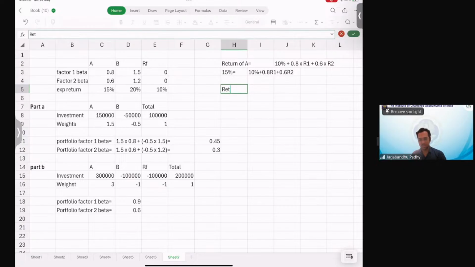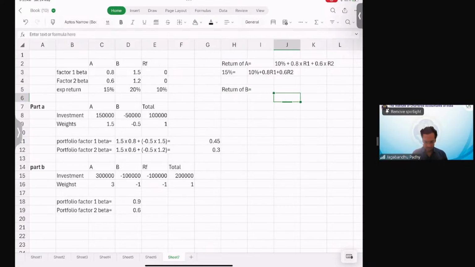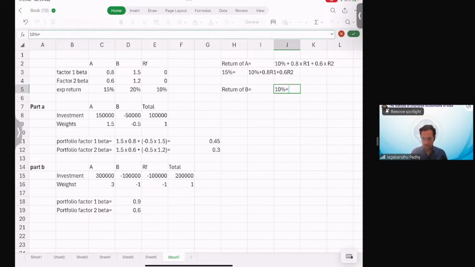This is the first equation. Then you have return of B. Return of B is 20%, which is 10% plus, now for B the factor 1 beta is 1.5, so 1.5 into R1 plus 1.2 into R2.